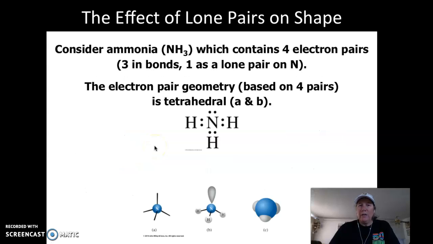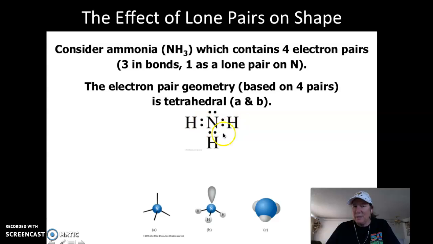Okay. All right, here we have ammonia. And when we draw ammonia, nitrogen has 5, and then we put the hydrogen around it. So now we're trying to figure out its shape. If you look, we have 3 bonded to it, 1, 2, 3. And again, we just look at the central atom. We have 3 bonded to it, and now we have a lone pair. And what that lone pair does is it has more repulsive force.